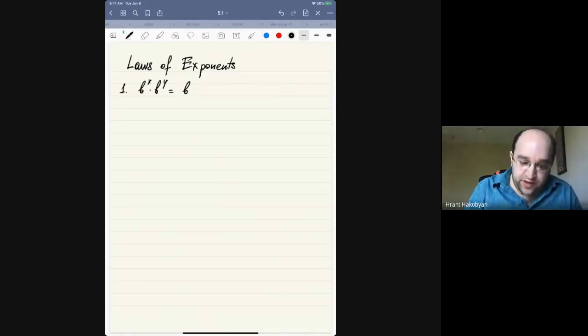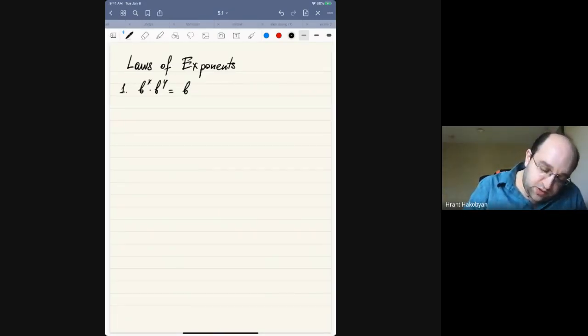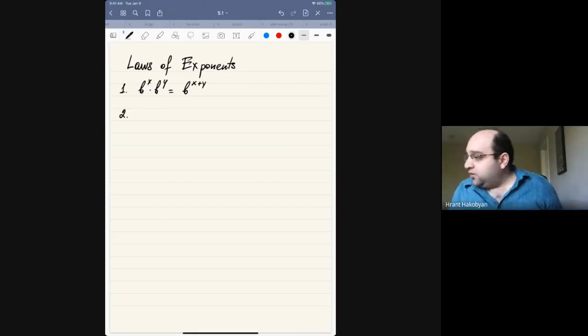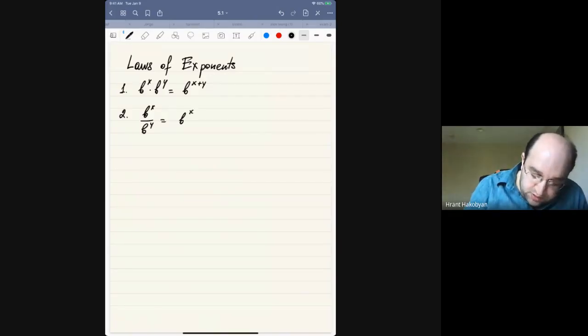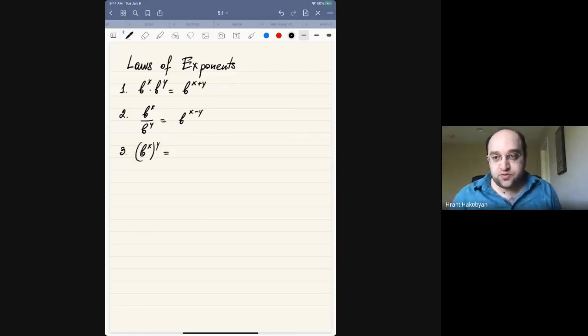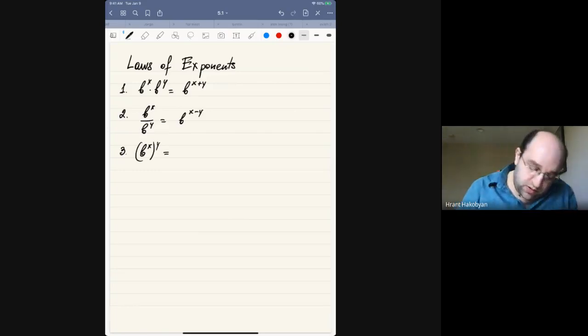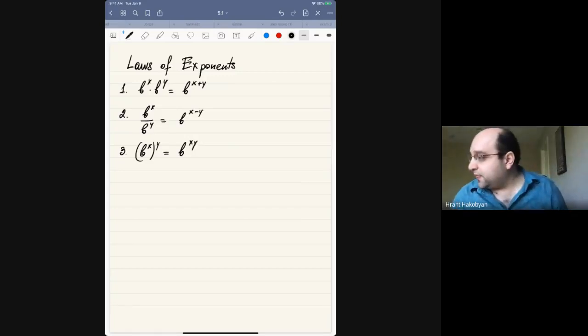When you multiply two exponentials, the powers add up. Number two, the ratio b to the x over b to the y is equal to b to the power x minus y. Number three, b to the x, to the power y. We've done this also for power functions: if you take the power of a power, then the powers multiply.